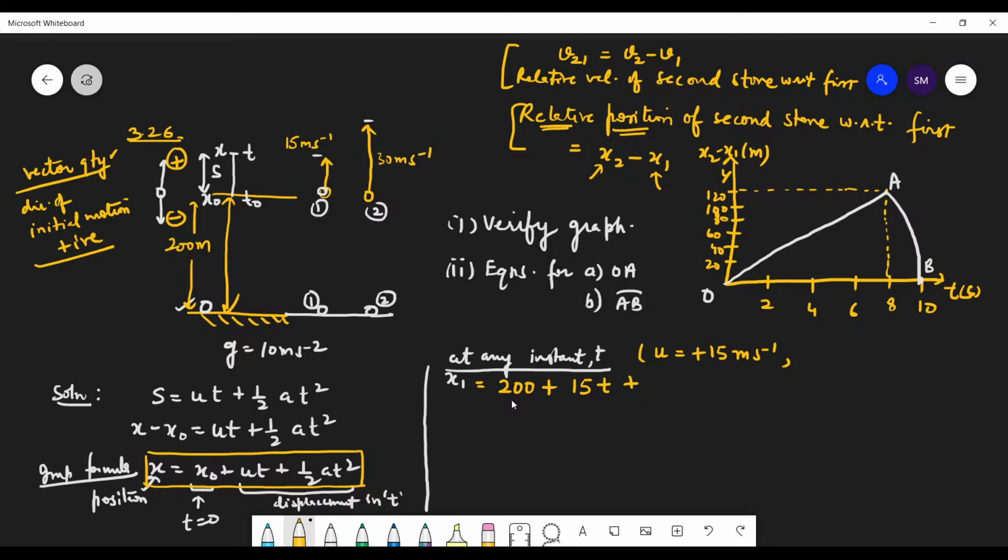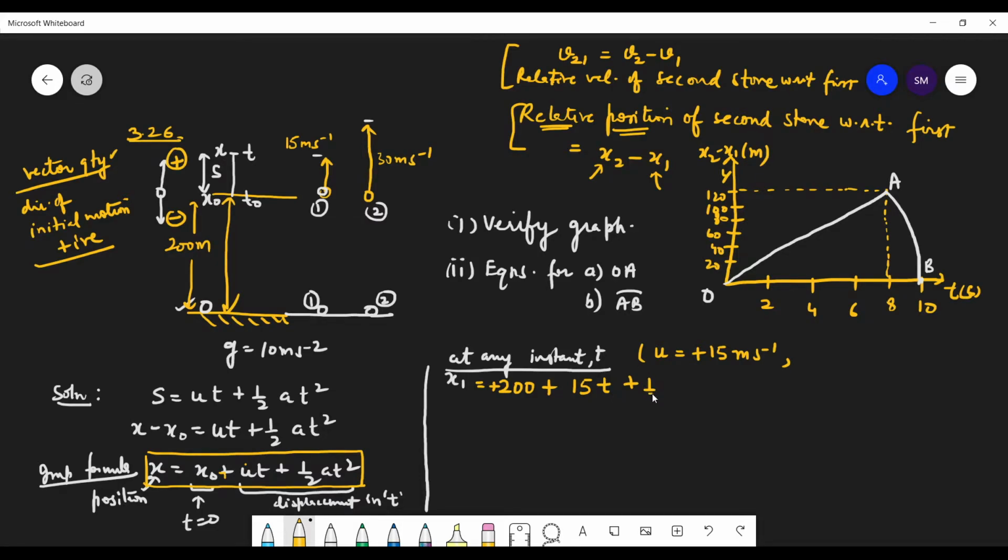So that's a vector quantity. 200 is also a vector quantity. The upward direction from the origin we have taken as positive, so that's also plus. So x0, being a vector quantity, means it's the position, so plus 200. Then u is plus 15, t is a scalar quantity.